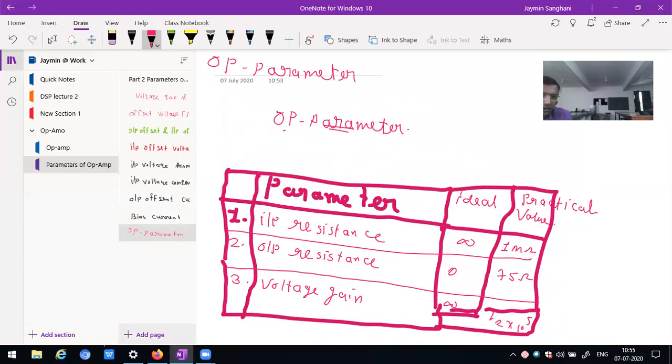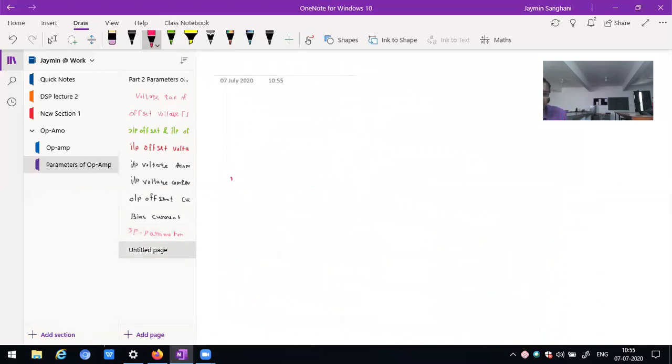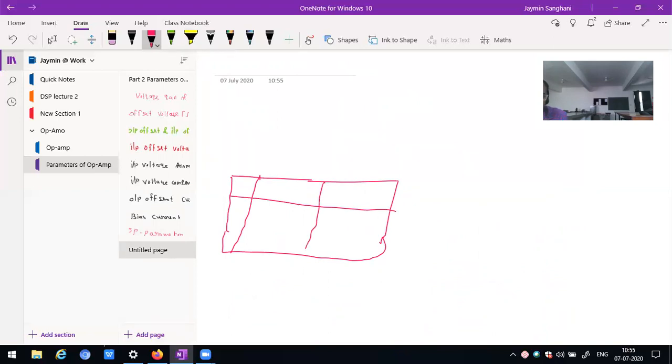Now another page that I have prepared indicates the other parameters of the Opamp. Here the serial number, here the parameter, here the ideal value and practical value. What is the next?